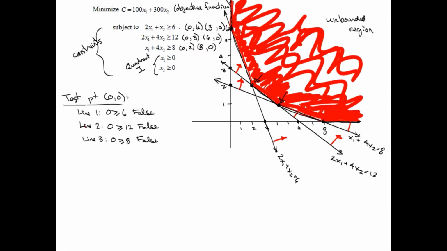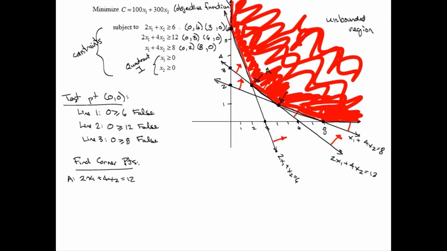But we need to find this one, and we need to find this one. So we need to intersect those two lines and use substitution and elimination to find where they intersect. So if we start with this one, I'll label A. We have 2x1 plus 4x2 equals 12.